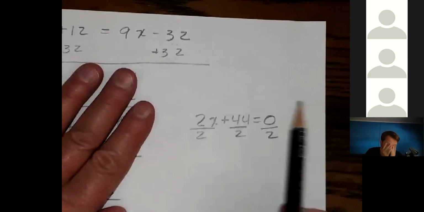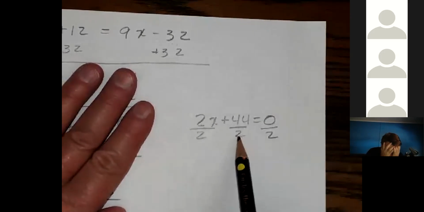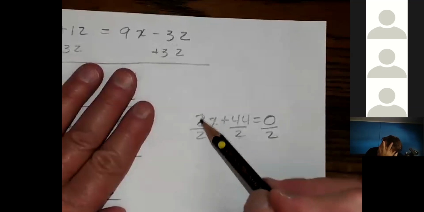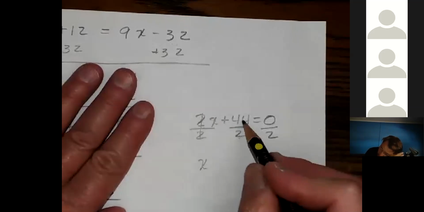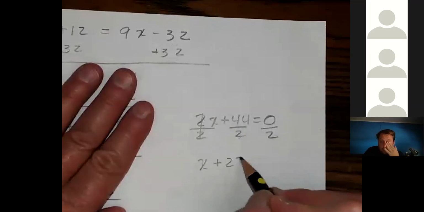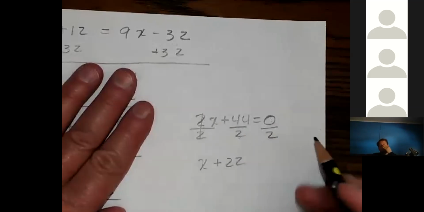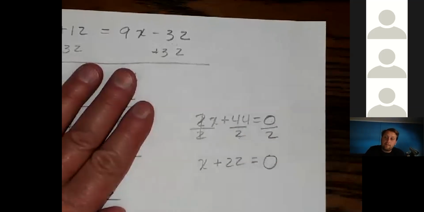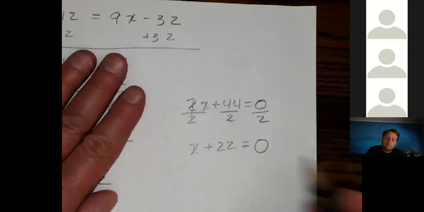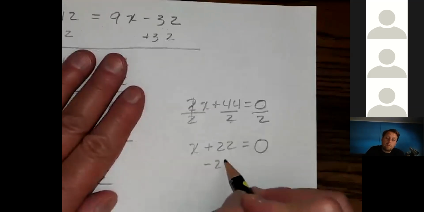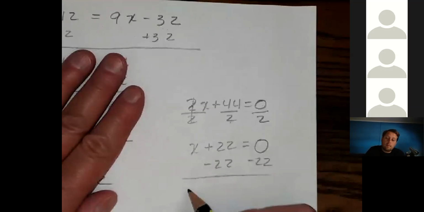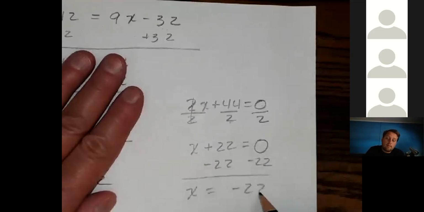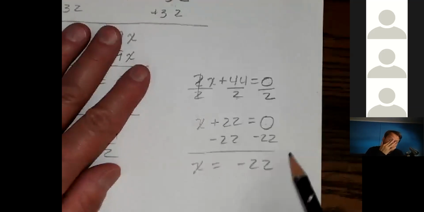Yeah, but you have to divide everything by 2. And this goes to 22x. And what's 0 divided by 2? 0. So that's not bad at all either.